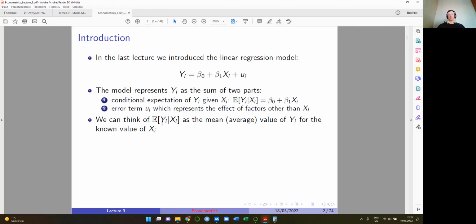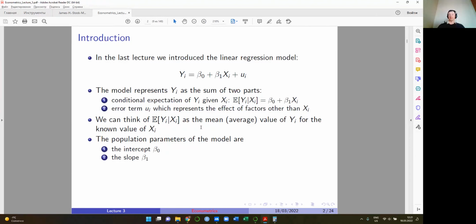We can think of this conditional expectation as the mean or average value of yi for the known value of xi. And we also discussed this: if we know x, then we are able to calculate some mean or expected value of y for this level of x. And in this model, we have 2 population parameters, the intercept beta 0 and the slope beta 1.